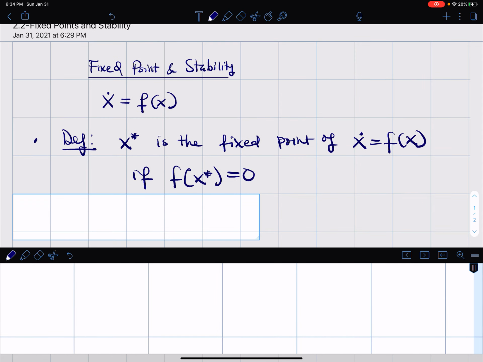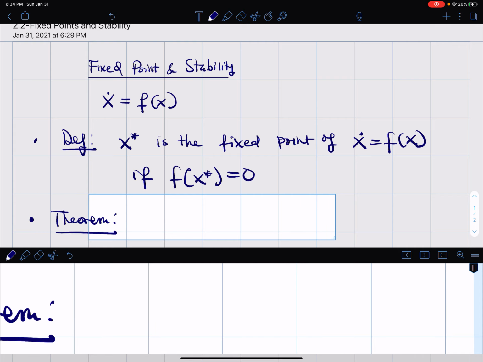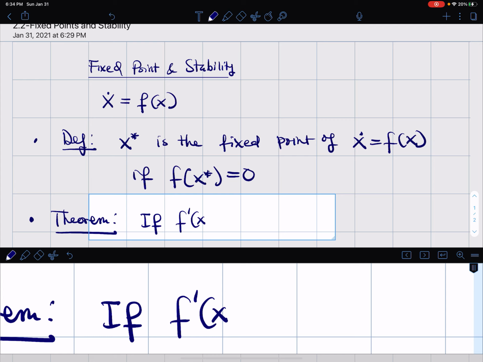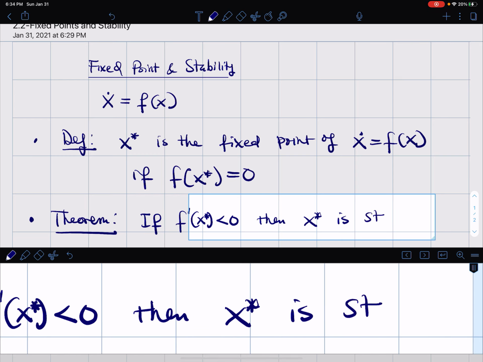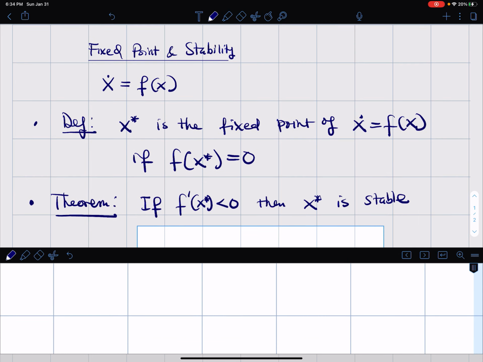Okay, and then how do we find the stability? We use a theorem. This theorem says that if f prime of x star is less than 0, then x star is a stable fixed point.